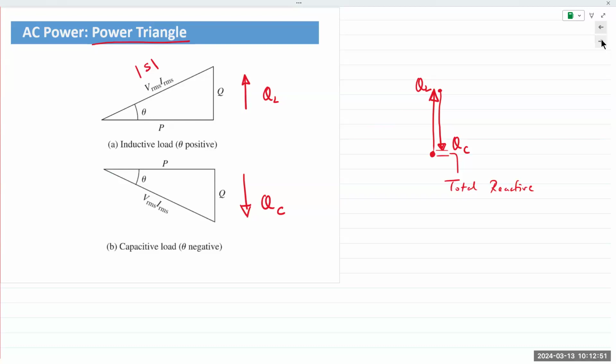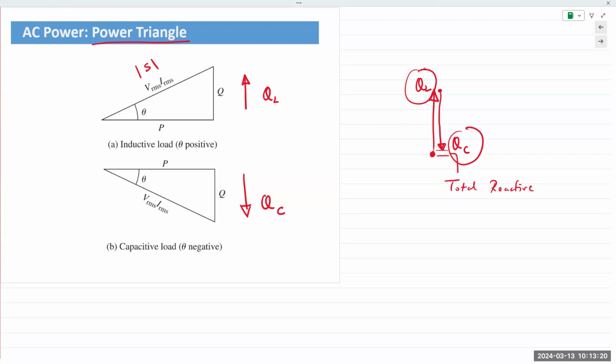So the impedance angle would be theta V minus theta I, the phase difference of the voltage and the current. For an inductor, it will always be positive. For a capacitor, it's always negative. So the reactive power associated with the inductor and the capacitor is always positive and negative, respectively. QL is always positive. QC is always negative.